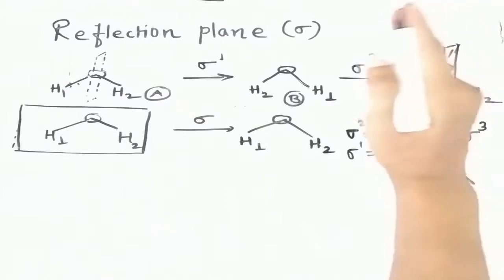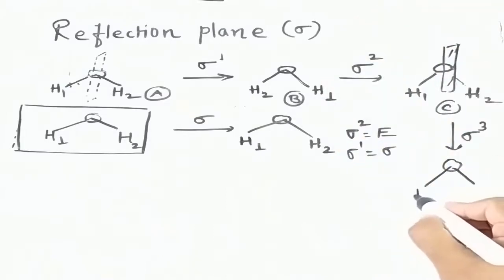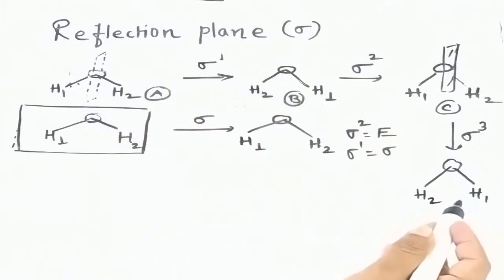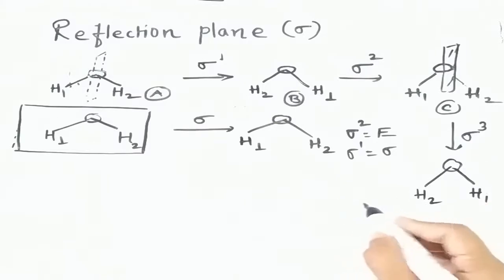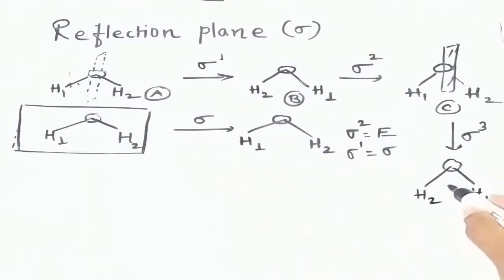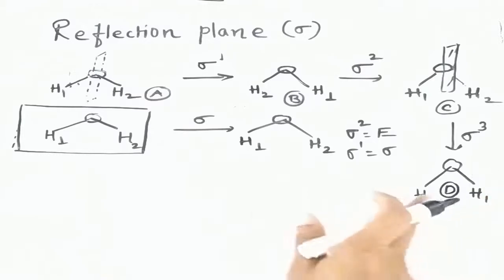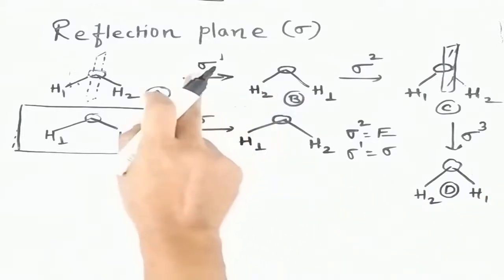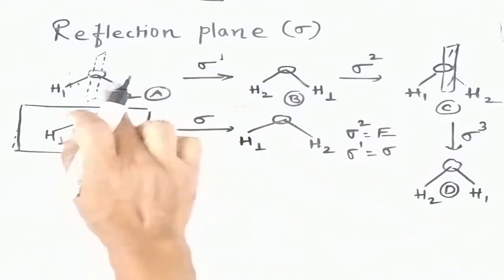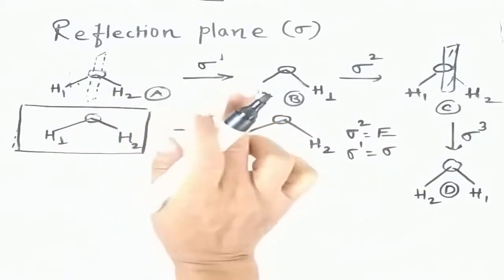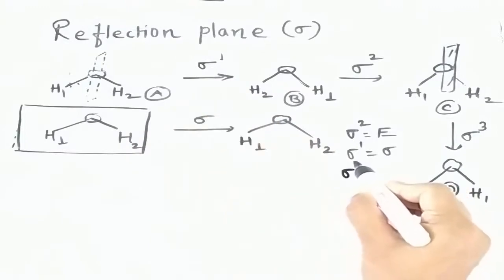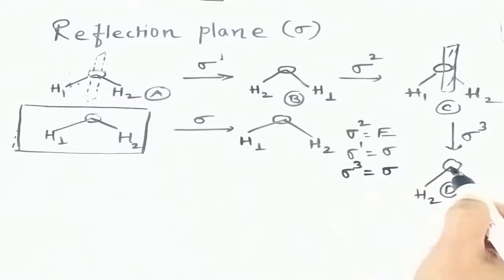If I operate sigma, H1 and H2 will be reflected, so in the place of H2, H1 will be replaced. Now if we see the total resultant, the orientation of the water molecule is exactly equal to B. That means sigma raised to 3 is nothing but equal to sigma operating 1 time. So I can write here sigma raised to 3 is equal to sigma raised to 1.